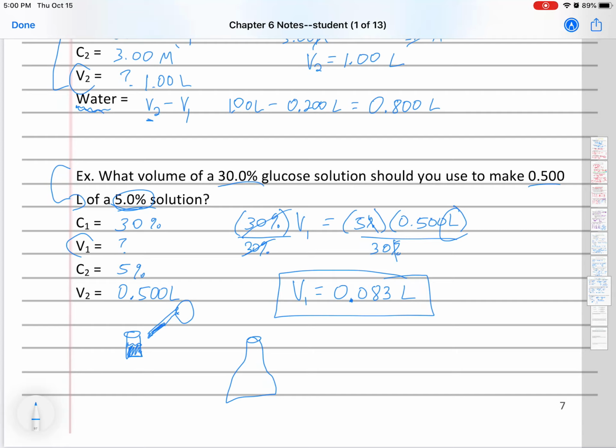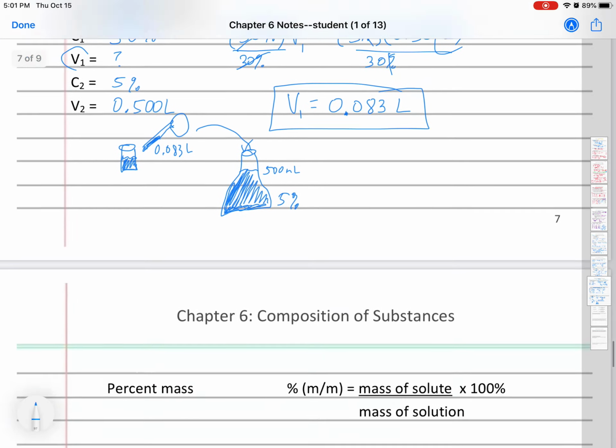I would need to measure out 0.083 liters, which is 83 milliliters. And then I would transfer that into here, very small amount. And then I would bring it up to 500 milliliters or 0.5 liters with water, and that would give me a 5% solution.